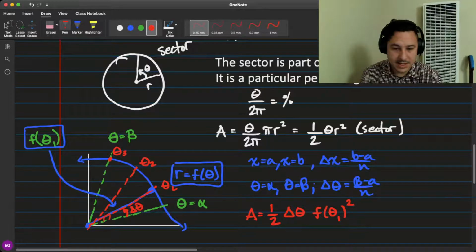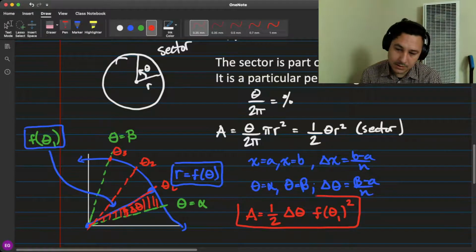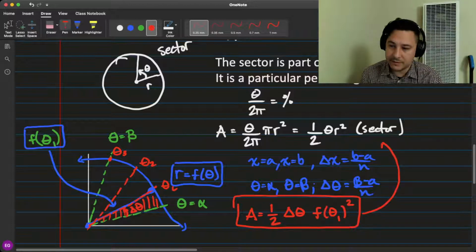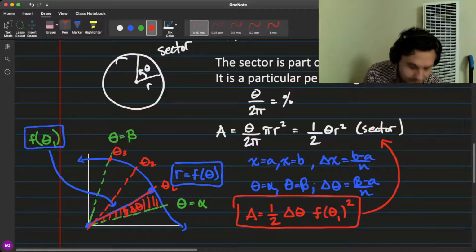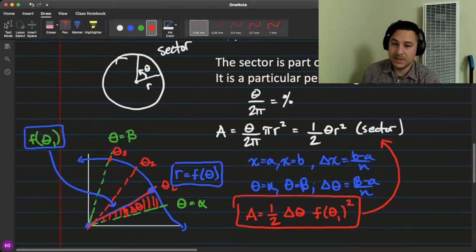So this sector has this as its area from the sector area formula. We split up the sectors into equal parts, which is why we know the angle there is delta theta, and we have theta 1 to figure out the radius. And boom.